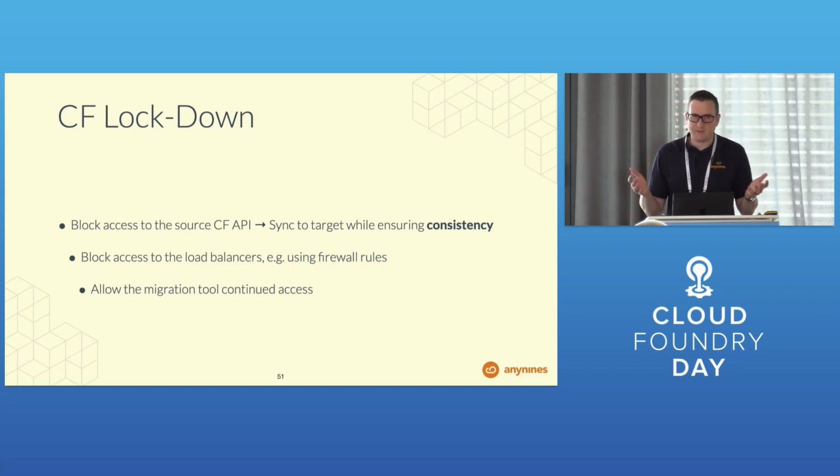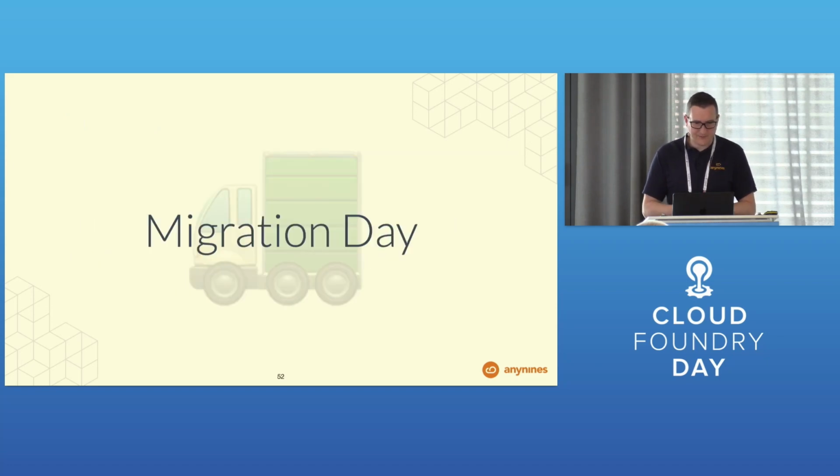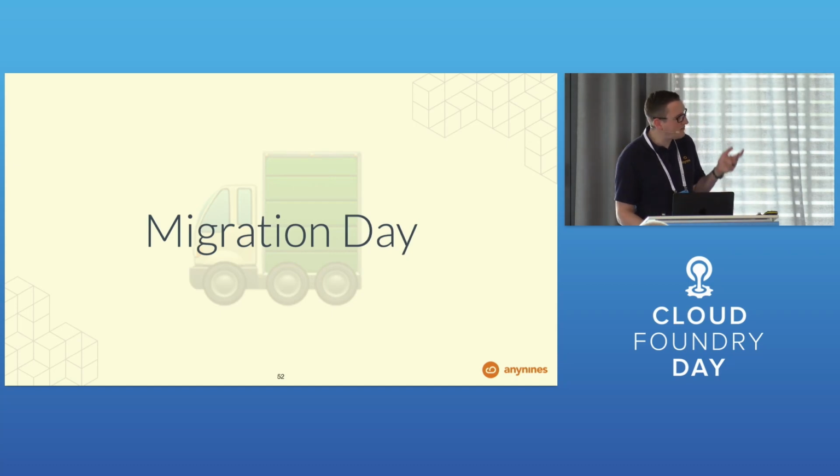So during that time frame, even in large environments, this is a couple of hours usually. So in a time when there's little usage, you basically shut down the API, you make your last run, sync the last state over, and then you make the switcheroo to the new system, which boils down to migration day.